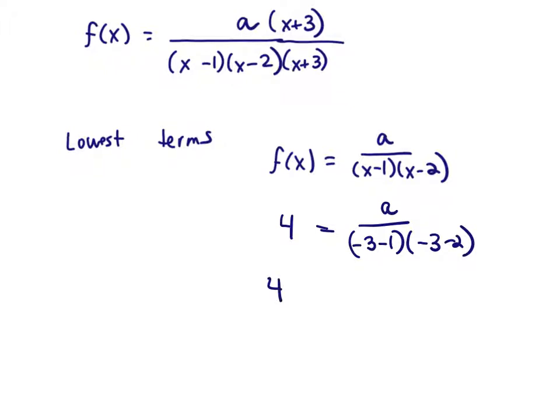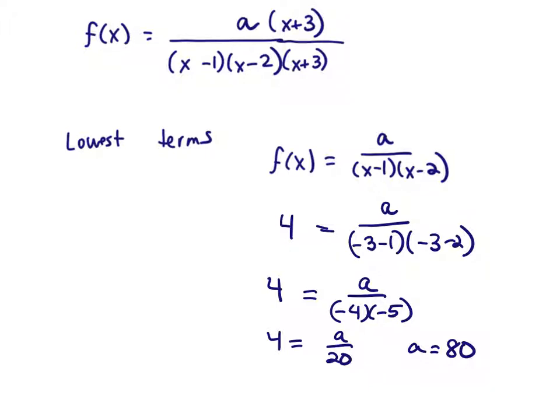So we have 4, which is the y value of the hole, equals a over negative 4 times negative 5, which is 20. So we have 4 equals a over 20. If I multiply both sides by 20, I get an a of 80. So a really big a value.